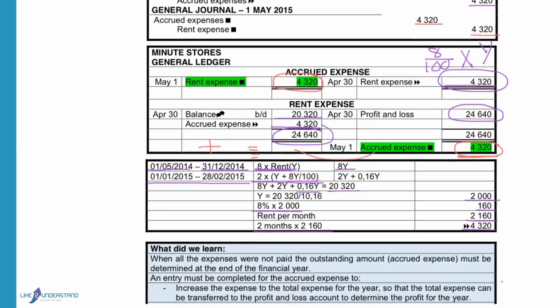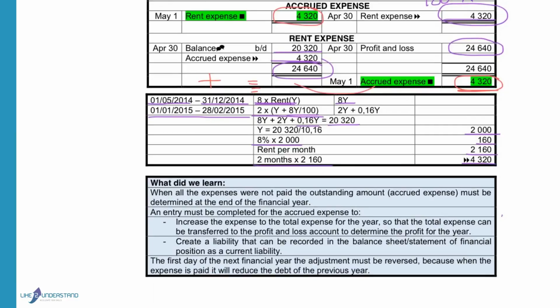So what did we learn today? When expenses were not paid at the end of the year, we have to create an accrued expense to show that we have a liability, and that liability will be shown in the balance sheet at the end of the financial year to indicate that we still need to pay for certain expenses.